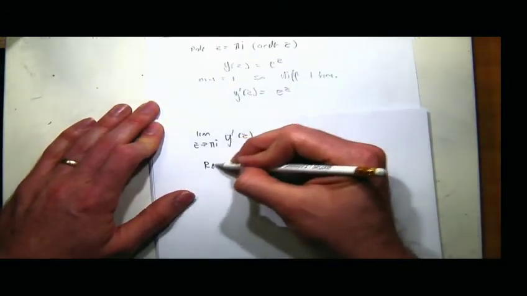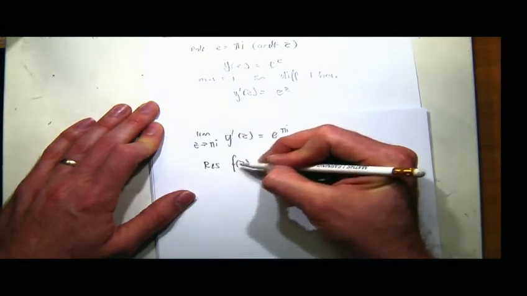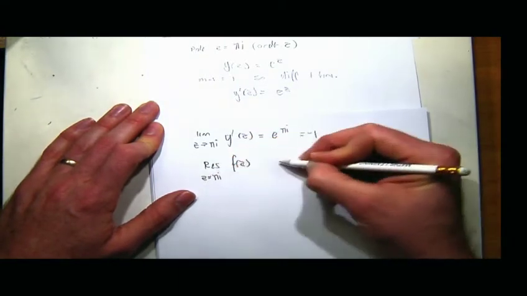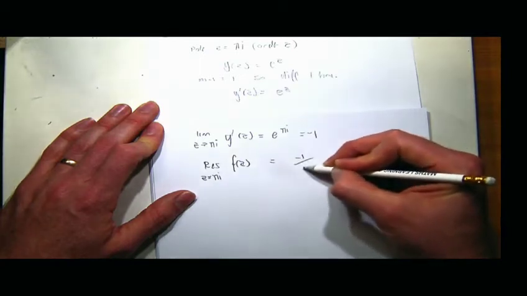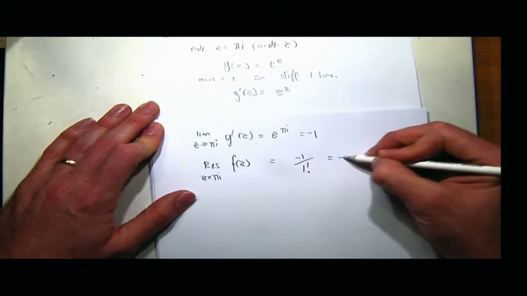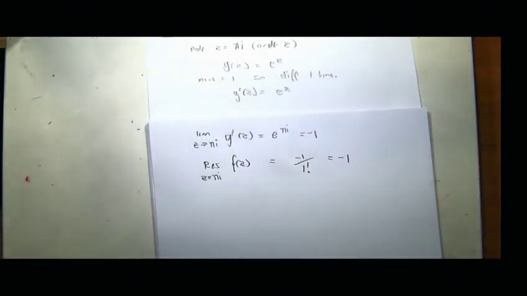And then the residue of my function at z equals pi I is that number divided by m minus 1 factorial, which is minus 1, which is exactly what I got last time.